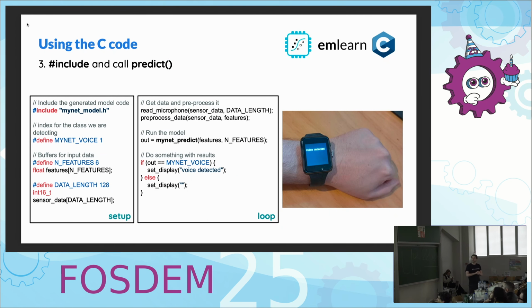You can then include the generated header file, and you construct your input data that you would typically read from your sensor, and it might also include some feature engineering or pre-processing there. Then you pass the data to the predict function that we provide, and that's all you need in order to run machine learning models on these kinds of devices.